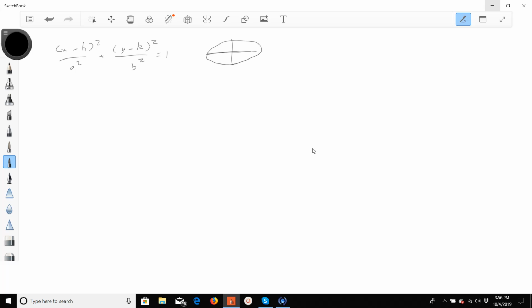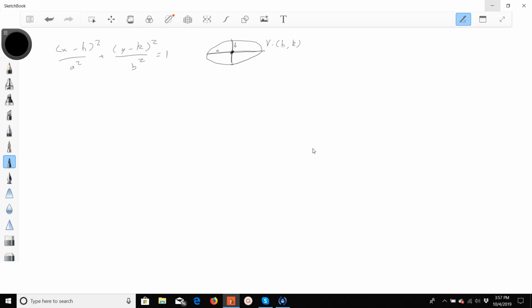It's got its longer axis A, and its shorter axis B. And this point, in other words (h, k), is your center. And yeah, that's about all I want to tell you all for now.